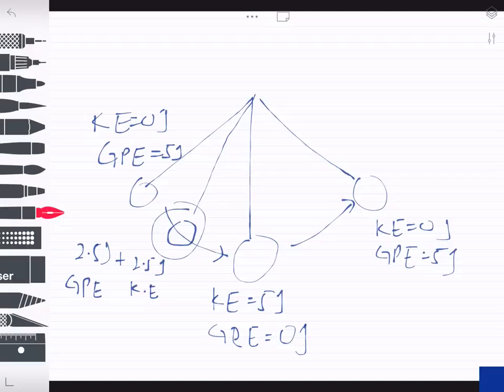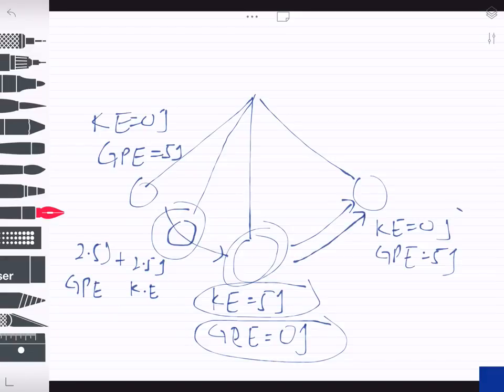Now when it is in this position, we have no more gravitational potential energy because it is at the bottom, because it doesn't have height. And kinetic energy is maximum now because it is the fastest, 5 joule, and then after that it goes back here. Now the amount of energy is the same as before it is released.